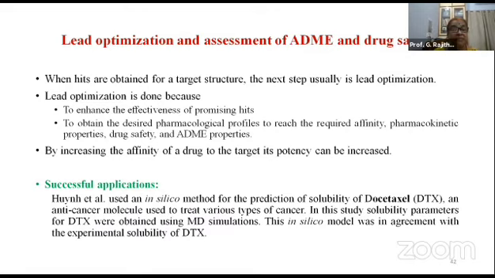Then the successful application here is docetaxel, an anti-cancer molecule used to treat various types of cancers. In this study, solubility parameters for DTX were obtained using molecular dynamics simulations. This in silico model was in agreement with the experimental solubility. So it is very interesting.